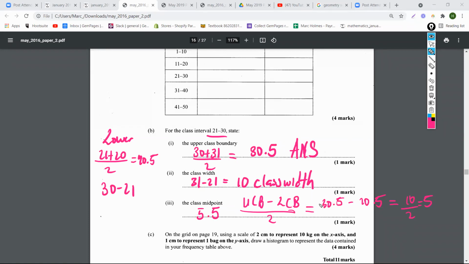The lower class limit plus the upper class limit. This is for the same class though, right? One second, guys. I know it's 5.5, but I'm trying to make sure I explain it properly.